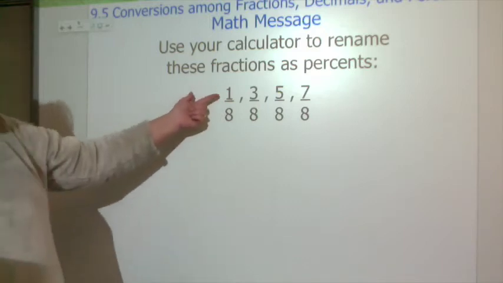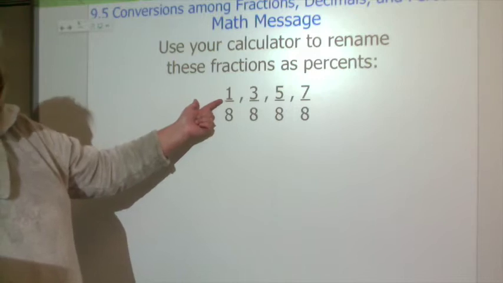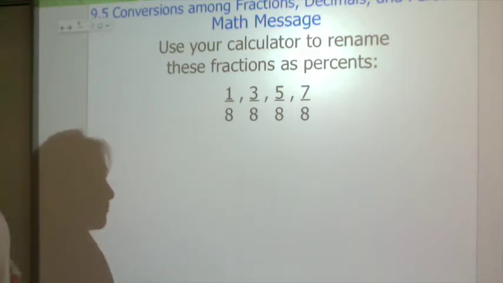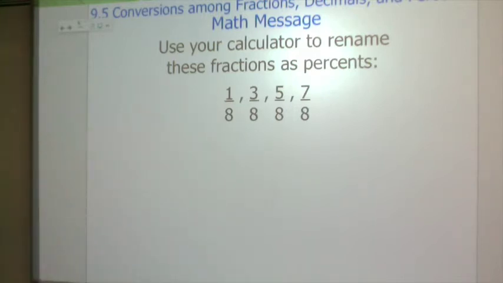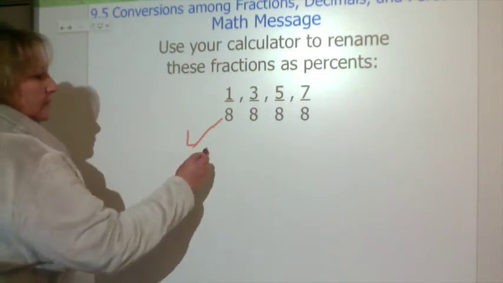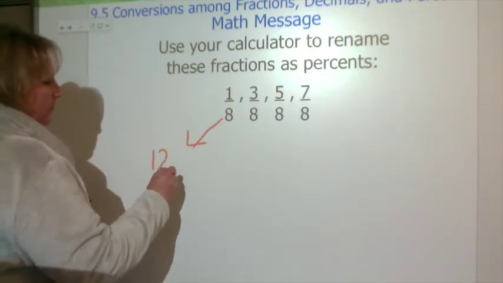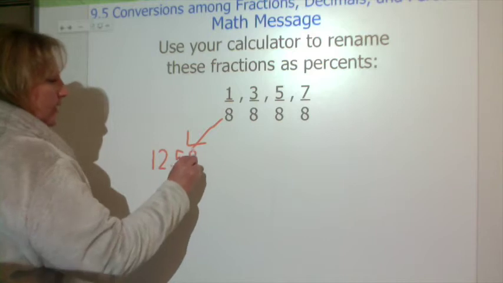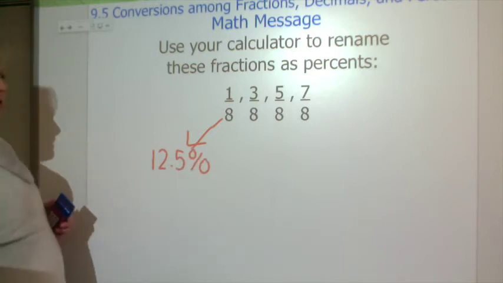Then click in 1 divided by 8 and hit the percent key. One divided by 8, you should have gotten 12.5. That would be 12.5%.